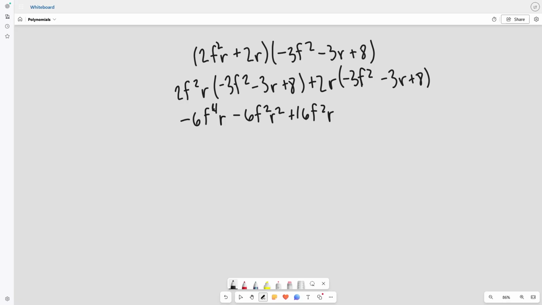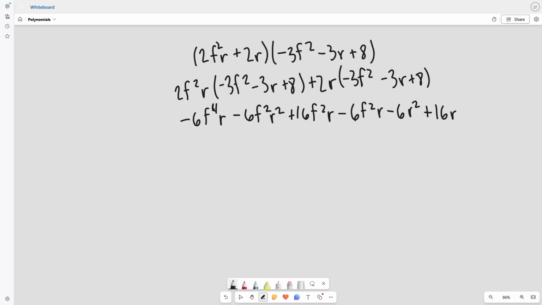Now we move on to the second part. We have minus 6f squared r minus 6r squared plus 16r. And now you combine your like terms.